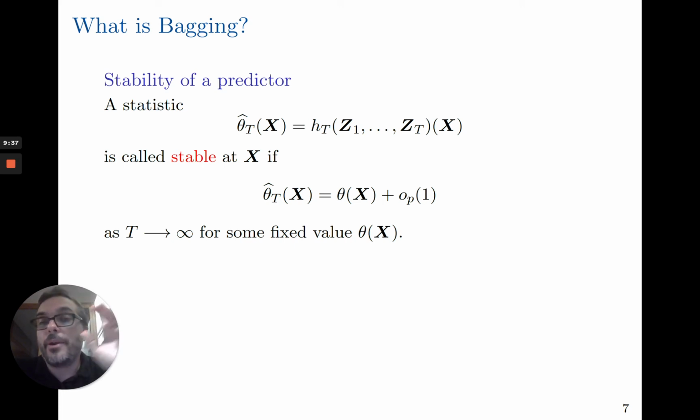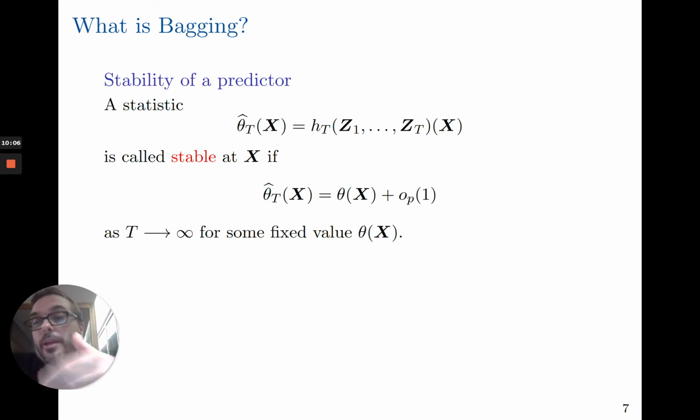Bear in mind that this is different from consistency, because I'm not saying that this fixed value it converges to is the true value of that statistic. The population value can be any value. So any estimate will be stable even if it's biased, as long as it converges somewhere. If it converges to somewhere, we are in good shape. We have a stable predictor.